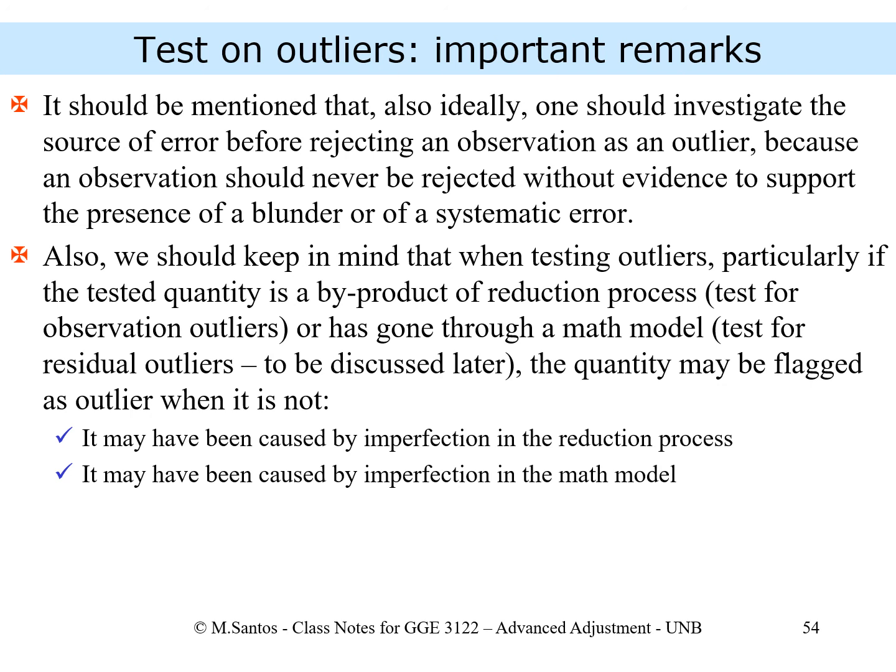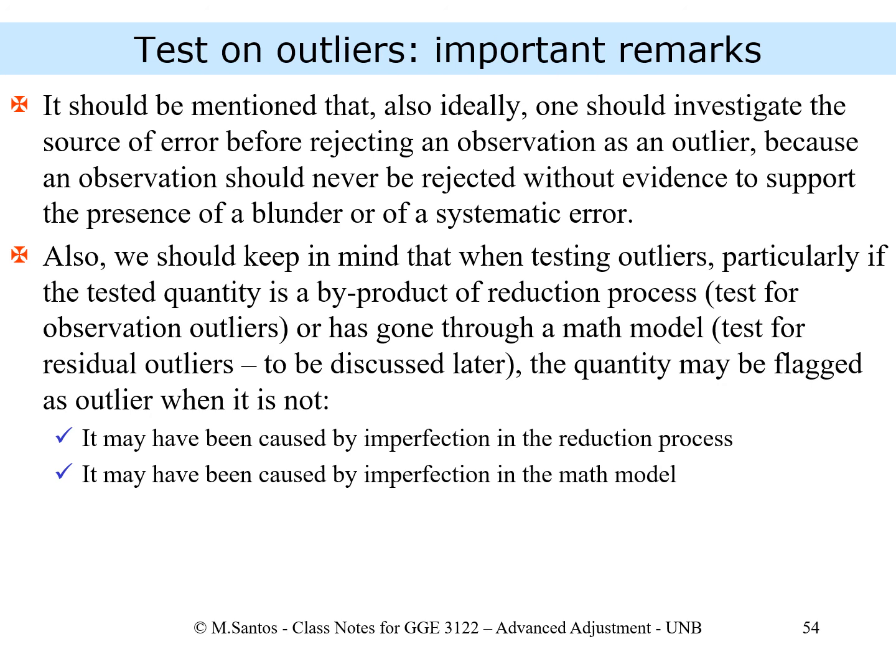One important piece of information, and I think this is very important, even though seldom done in practice, is that ideally we should investigate the source of error before rejecting an observation as an outlier. Because we remember that we discussed the fact that observations should be honored. There is not such a thing as a wrong observation.